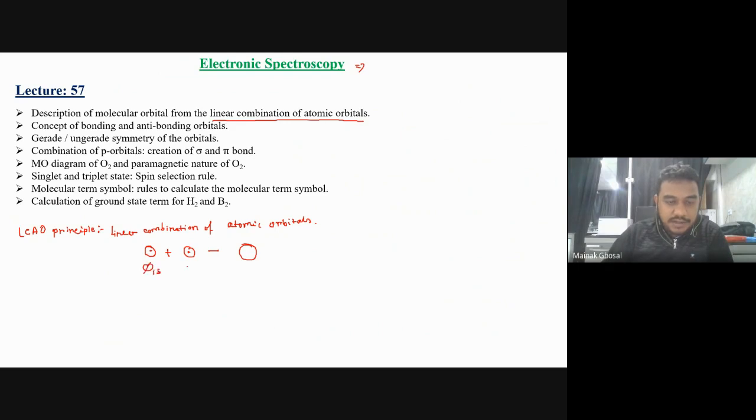Phi 1s, phi 1s. This will give psi 1s. If they have combined, their overlap is like this. And if opposite phases are overlapping, then this will create phi minus phi.